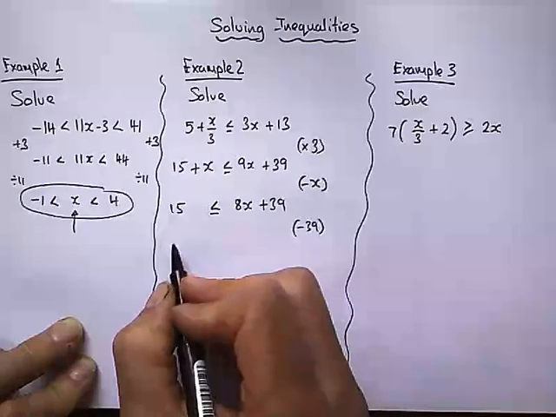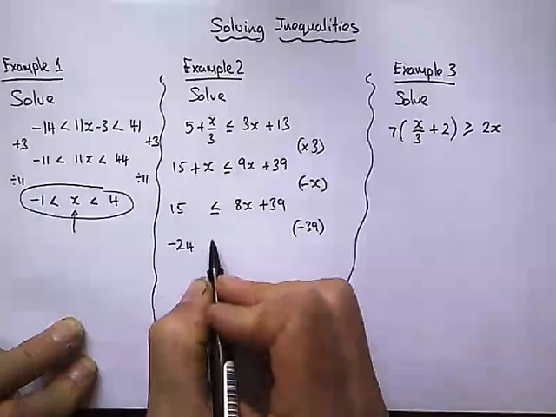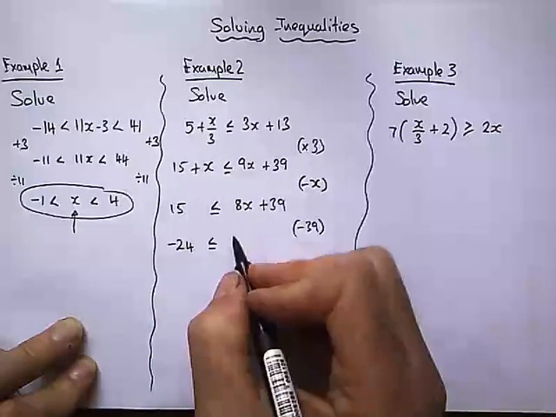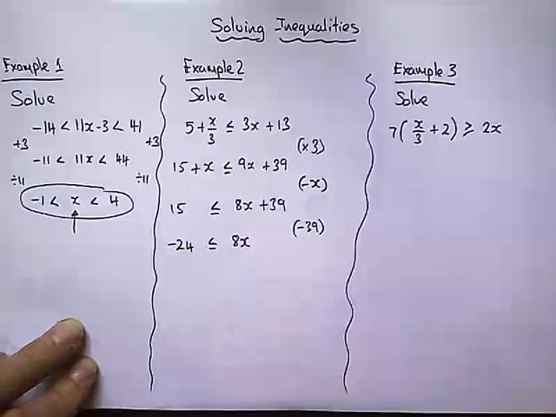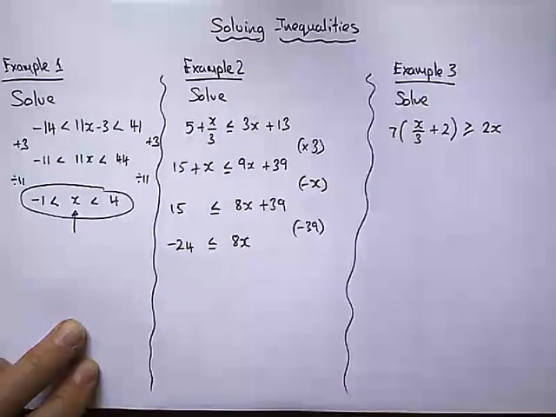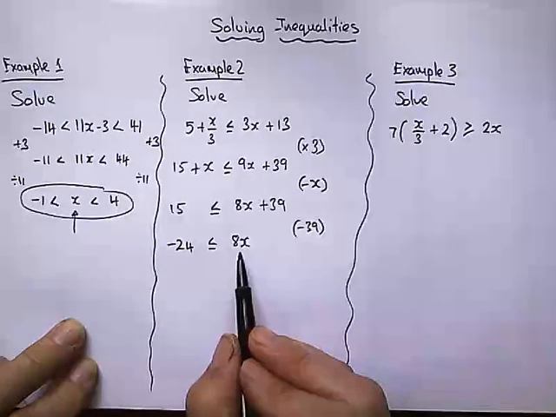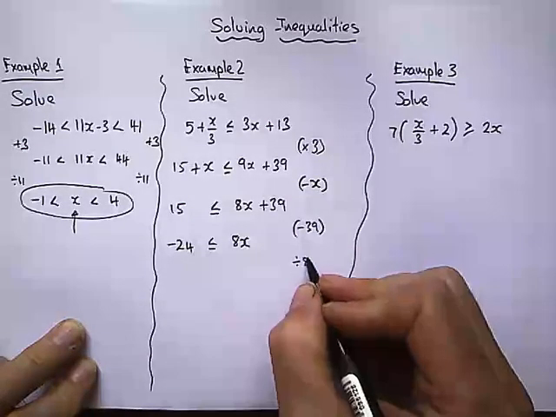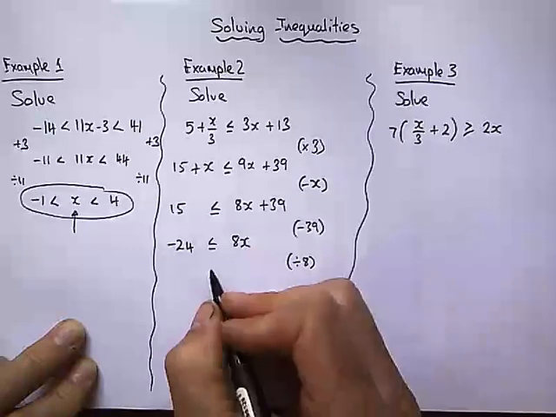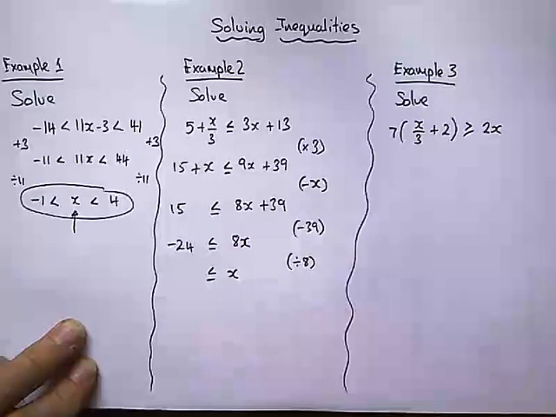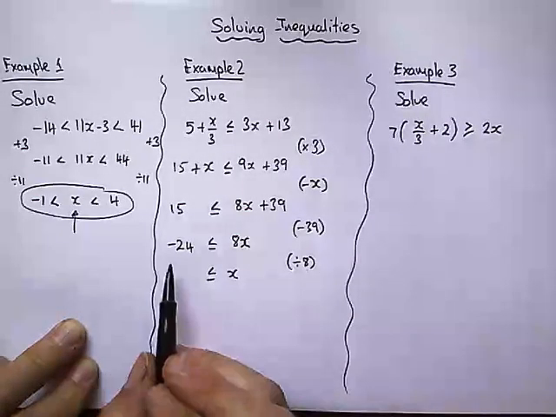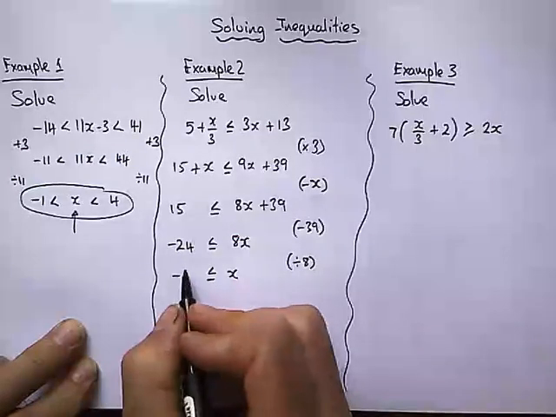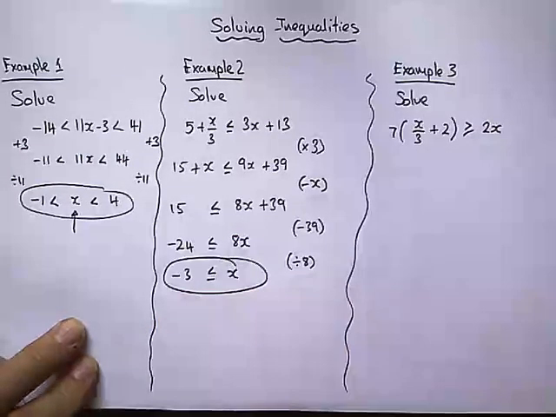So we actually get to minus 24 is less than or equal to 8x. And the last step is I need to cancel this down to just 1x. So I'm going to divide both sides by 8. So I get x on its own, which is what I'm aiming for, minus 24 divided by 8, minus 3. And that's your answer.